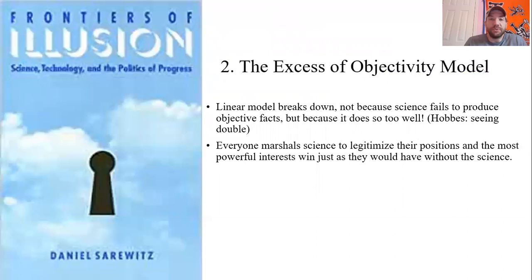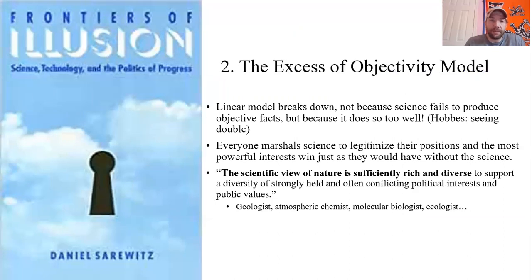Okay, so everyone marshals the science to legitimize their positions, and because science produces truths that both or all sides can use, you end up having powerful interests winning, just as they would have won whether science was involved or not.